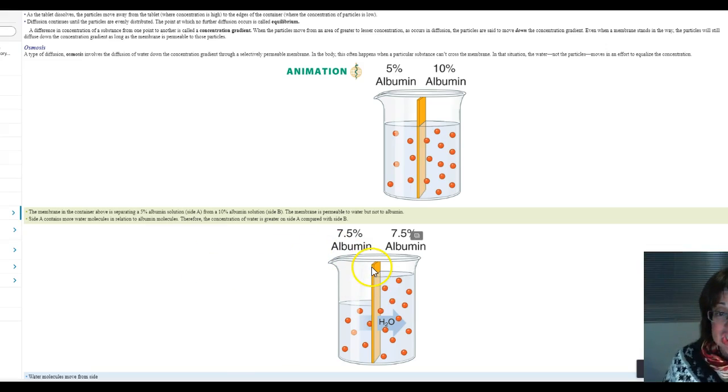This is called a dynamic equilibrium because you have continued movement. Now, in this situation, it might stop earlier because of the pressure and the size differences, but in theory it will move until the concentrations of protein are equal.